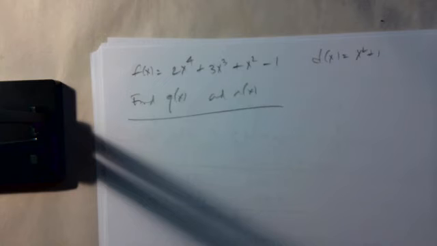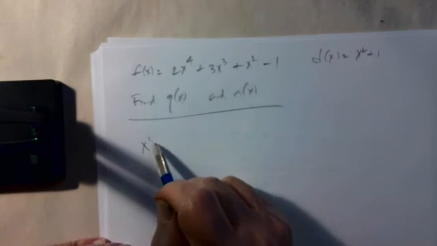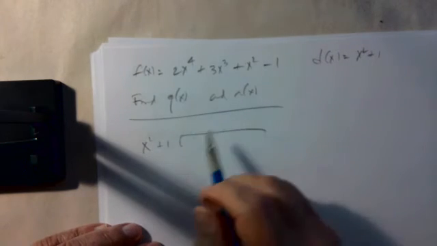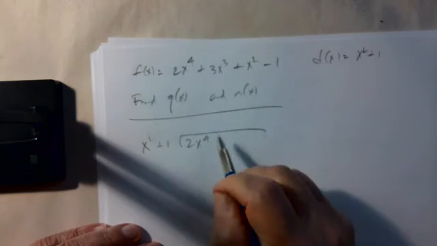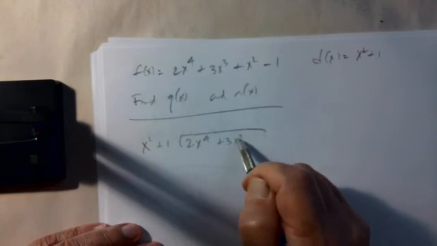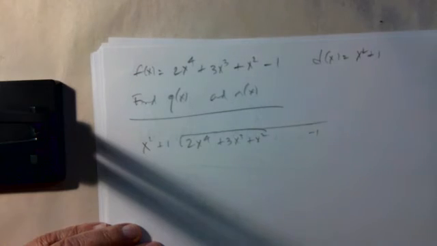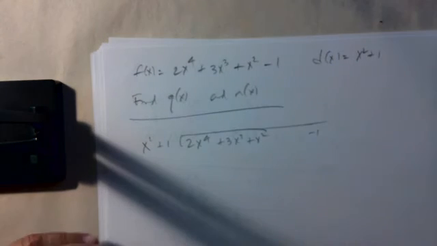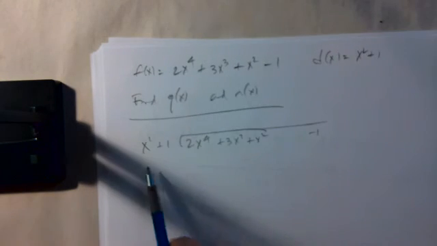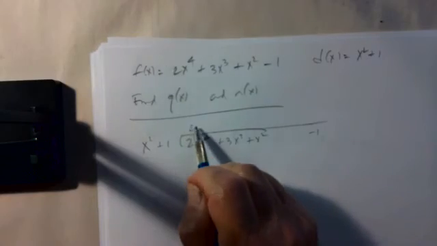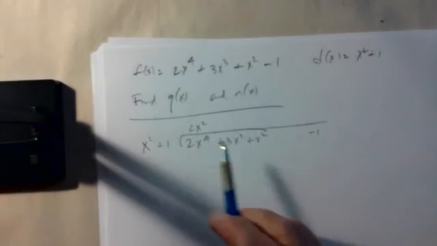Right. So you're dividing x squared plus 1 into 2x to the fourth plus 3x cubed plus x squared minus 1. Did anyone get the quotient and the remainder? Let's see. X squared into 2x fourth goes 2x squared times.